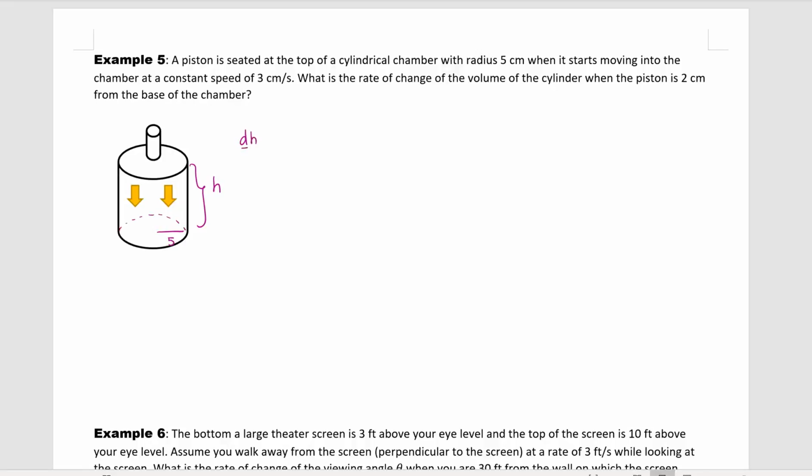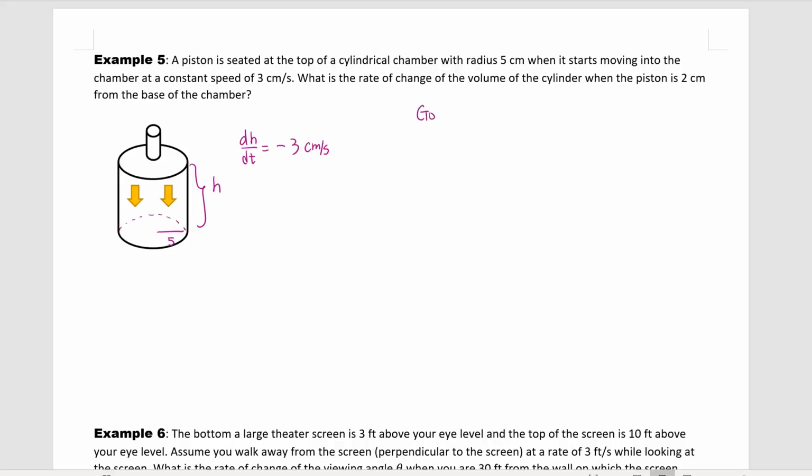And what's the rate of change? The piston is moving down, so the height is decreasing. So it's negative 3 centimeters per second. What is the rate of change of the volume of the cylinder?